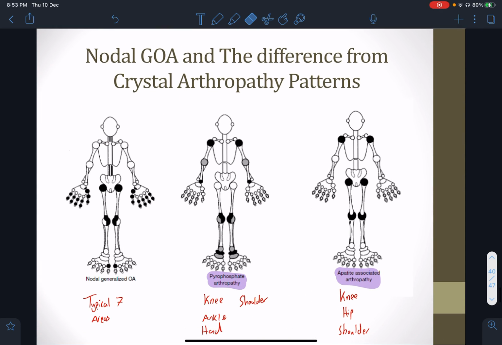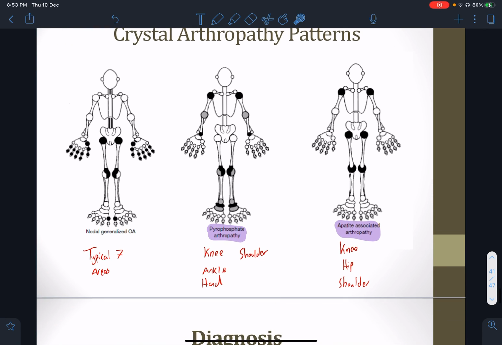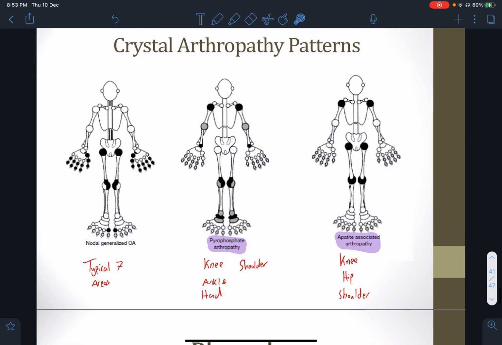And here it's explaining some of the differences in pyrophosphate arthropathy. It's talking about differences in locations of inflammation. So you just have to differentiate.